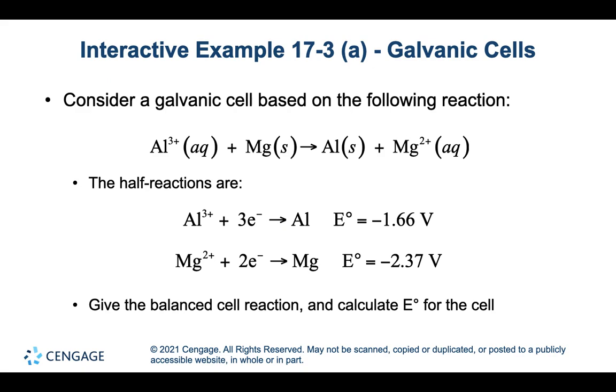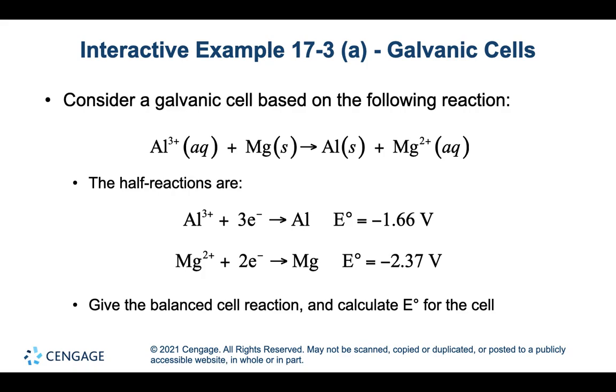So practicing a little bit more, let's say I want to make a galvanic cell. I want to combine 2 half reactions, one in one beaker and one in another, connected by a salt bridge and a wire, and I want to use this reaction: Al plus 3 plus magnesium makes aluminum plus magnesium plus 2. Well, the 2 half reactions would be Al plus 3 plus 3 electrons makes aluminum.